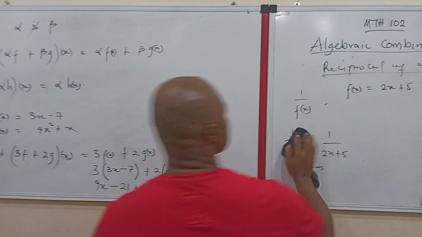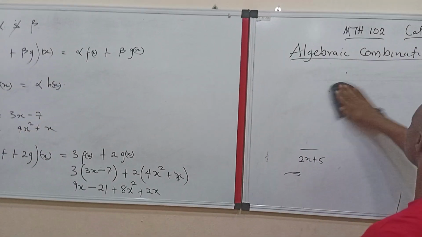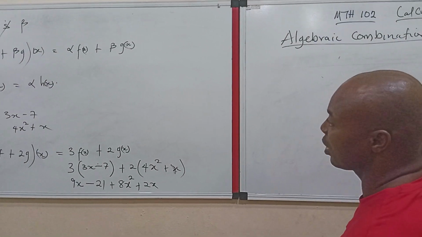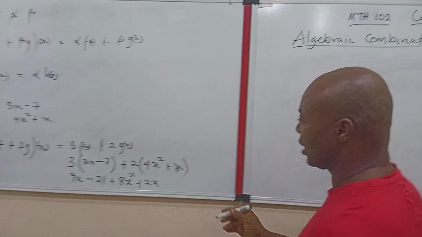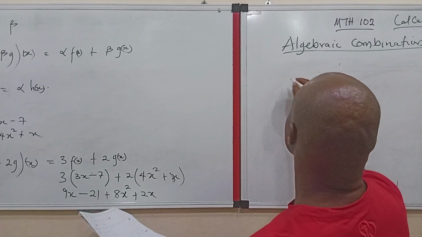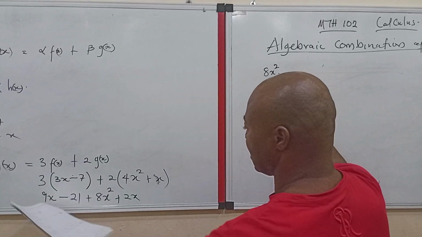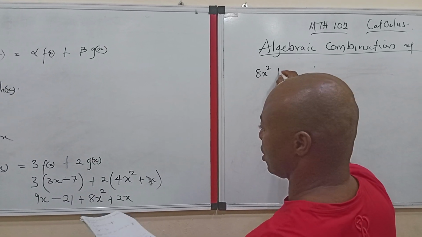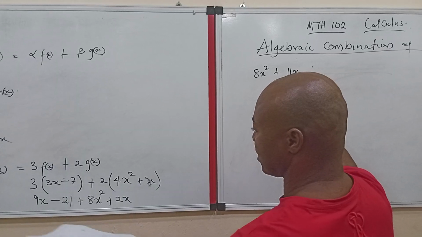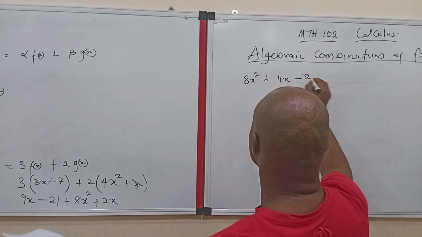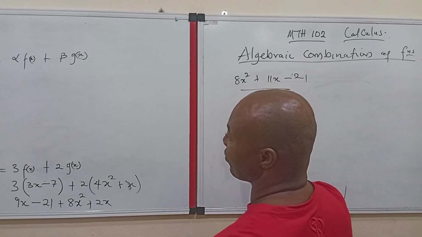If you collect those like terms, the highest power is 8x squared. Then the x terms give you plus 11x, and minus 21. That is what you have.